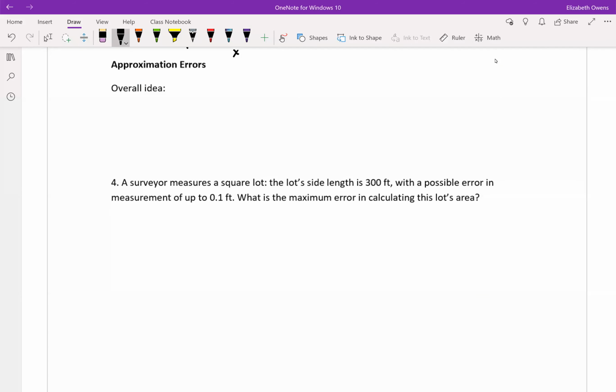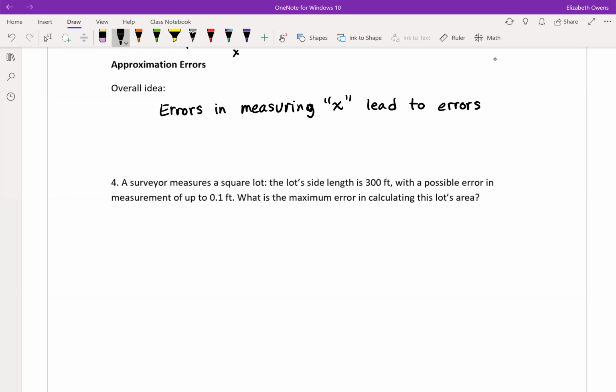The last topic to look at in section 3.9 here is the idea of approximation error. And the overall idea here is that errors in measuring one quantity, let's say X, can lead to more errors if you use that X value in certain calculations.